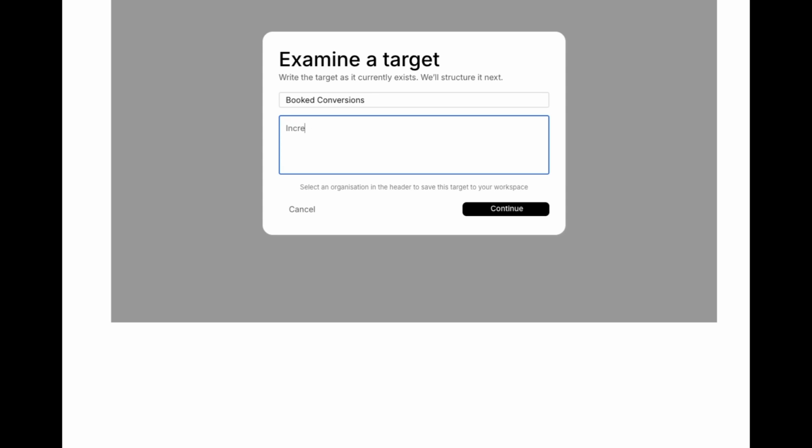Again, we'll keep this very simple for this example. Increase booked appointments from inbound inquiries. Now we can continue to the lens and the target frame.